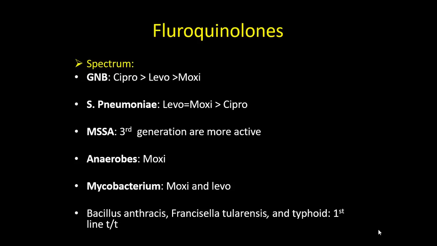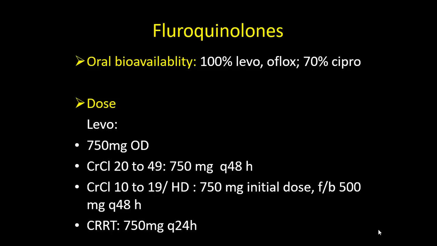Regarding their antimicrobial activity, they are part of the modified ATT medication list also. Other bacterial agents under coverage are Bacillus and Francisella, and also for typhoid, they are first line agents. Fluoroquinolones' oral bioavailability is almost 100% for levofloxacin and ofloxacin, and 70% for ciprofloxacin. So they are very simple medications that can even be prescribed by oral route for those who have a functional GI tract.